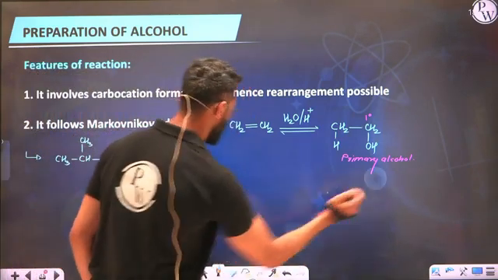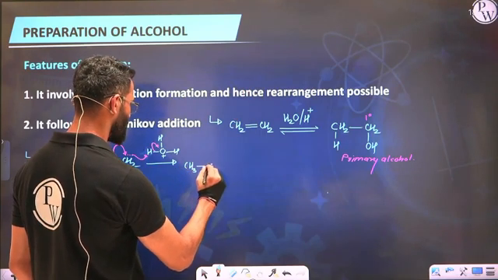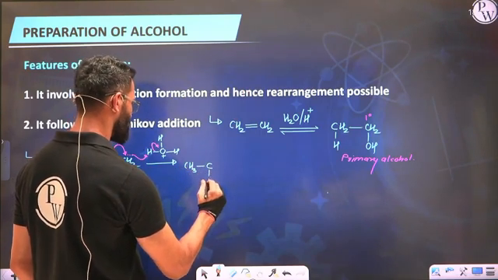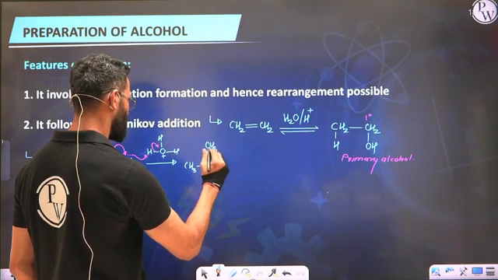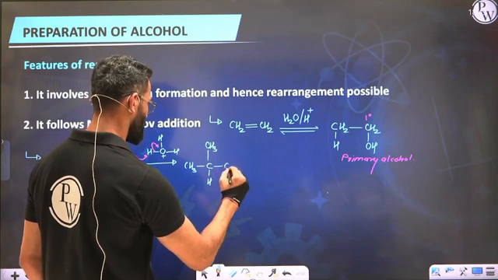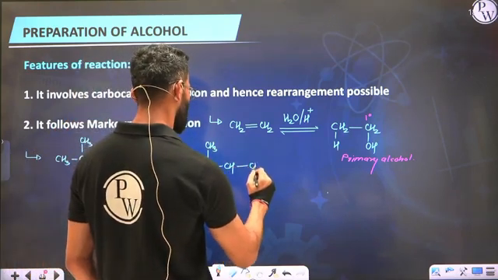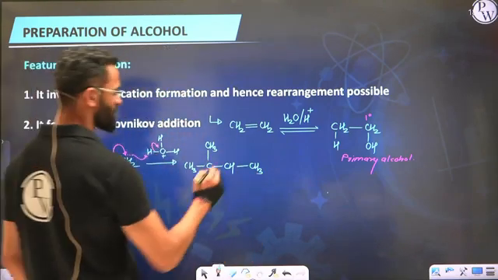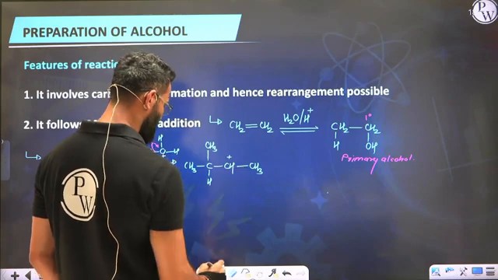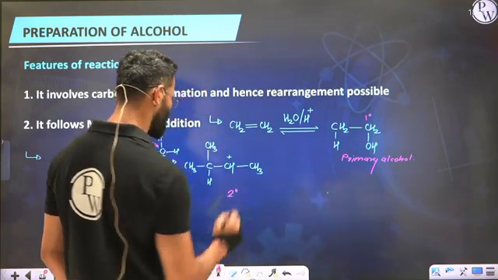So the carbocation would be CH3, CH, CH3, containing CH, single bond, CH3, CH2 and one more H. Now this is the carbocation. Well guys, what is the degree of this carbocation? It is secondary.